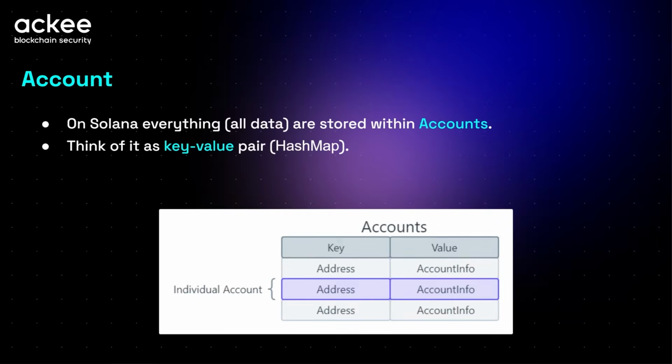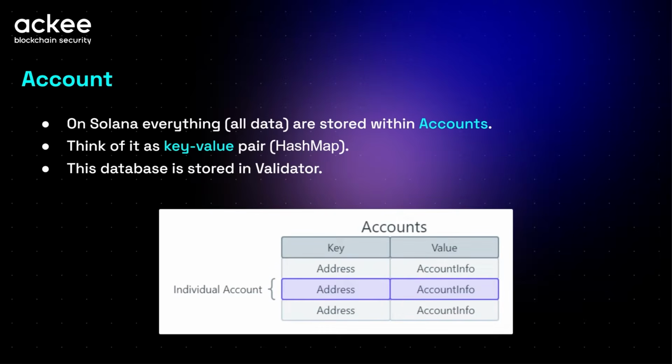Each account has its individual key. This key is your public key, and each public key has its own account. That means you can see this as a key value pair or hash map. And this database is stored in the validator.